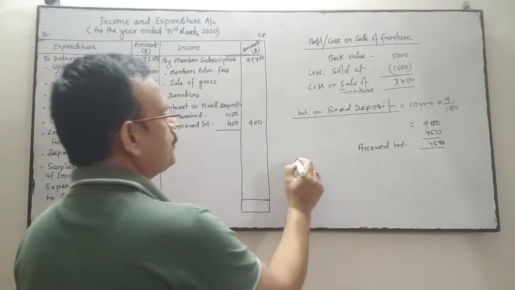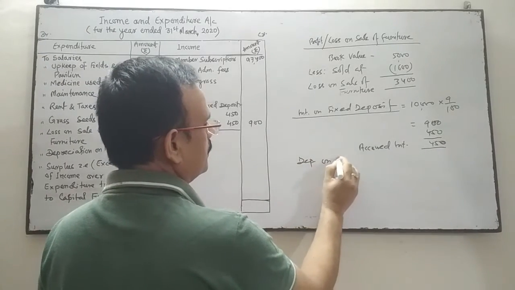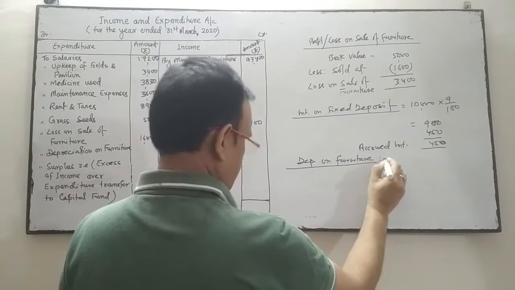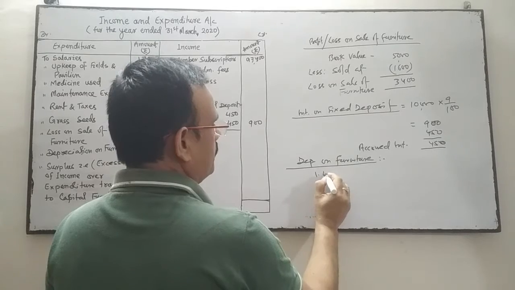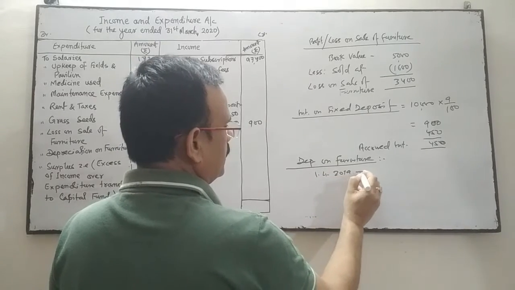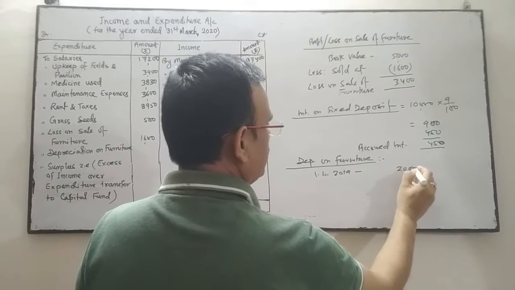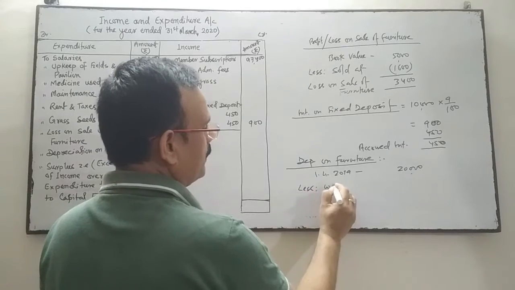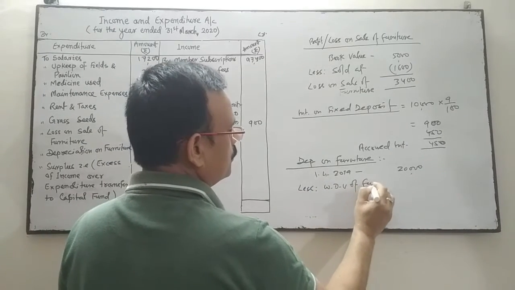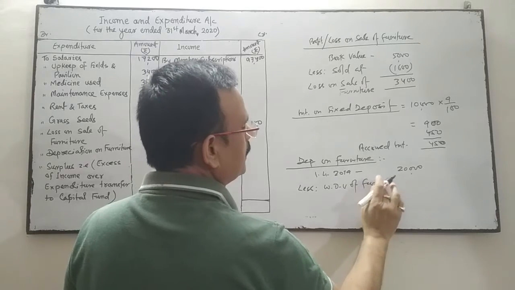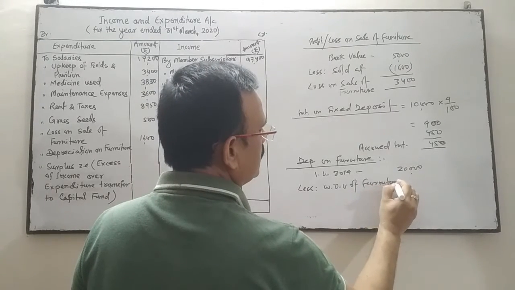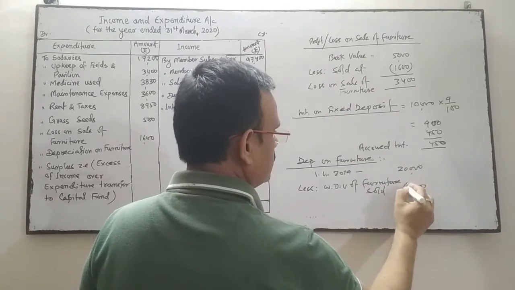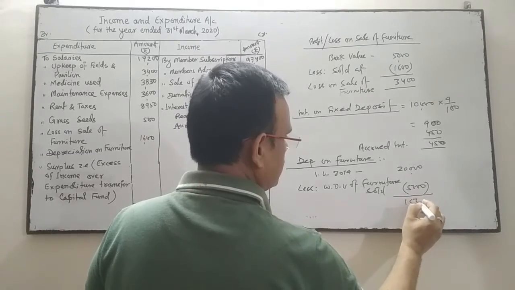Next working is related to depreciation on furniture. On 1st April 2019, the value of furniture was 20,000. Furniture less written down value of furniture sold, 5,000, so it is 15,000.